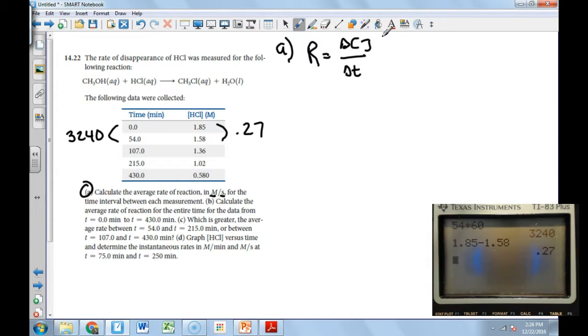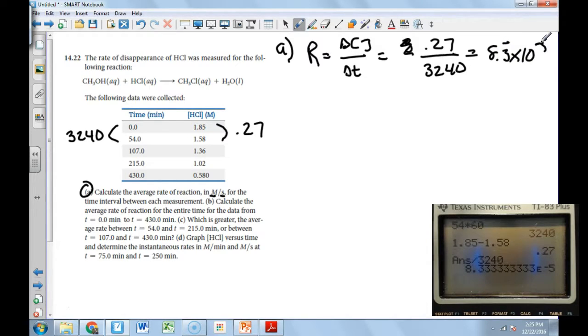So now we just plug it in: change in concentration, 0.27 over 3240. 0.27 divided by 3240 gives us a rate of 8.3 repeating times 10 to the negative fifth.